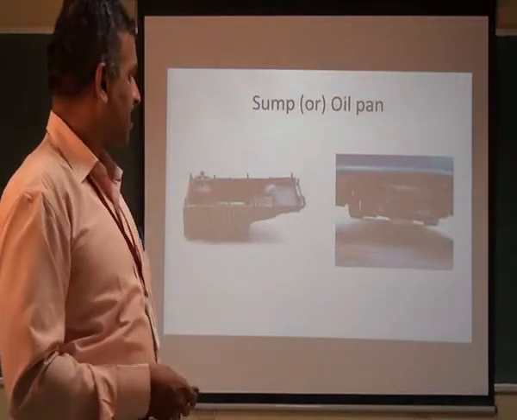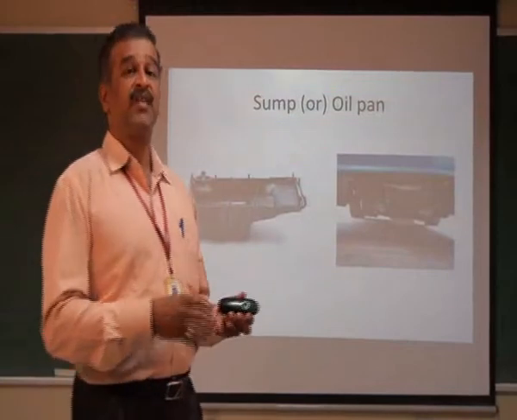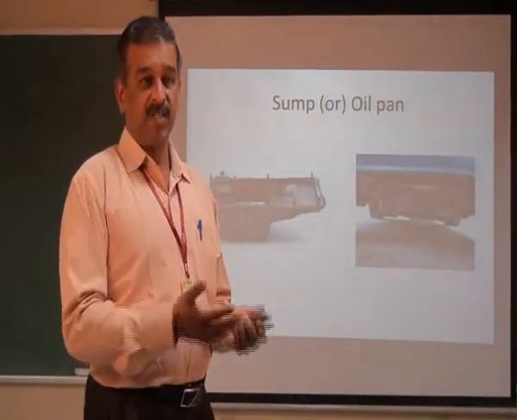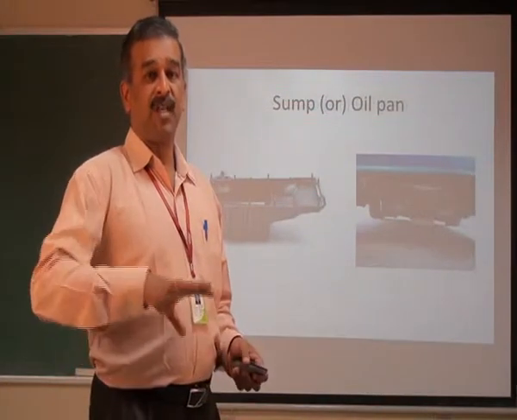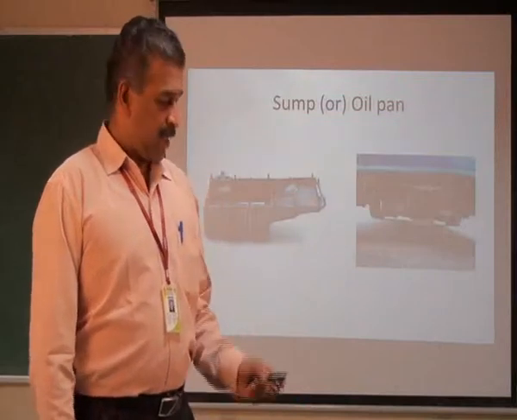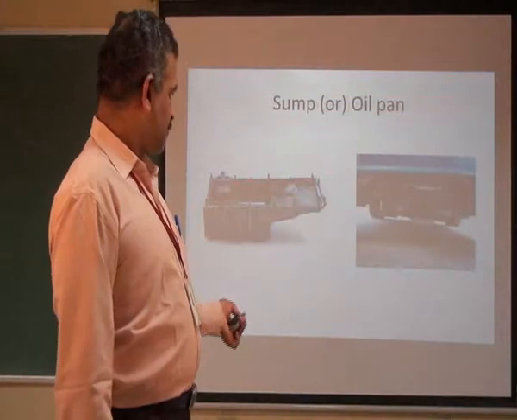Now we come to the bottom portion of the engine. I told you the bottom portion of the engine will have an oil pan or sump. We call it a sump. It is used for storing the lubricating oil at the lowest level of the engine. Here you can see the sump.